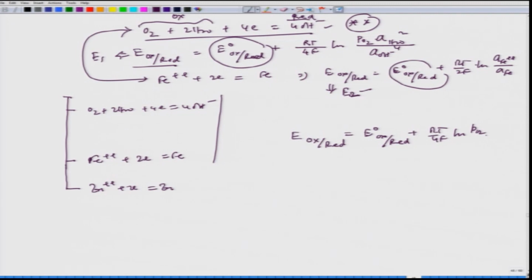The activity of H2O, since it is pure water, we can consider to be 1, and we maintain the activity of OH minus the same in two situations, where in one case PO2 is high and in the other case it is lower.